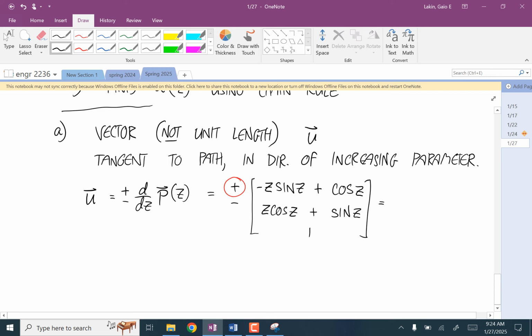So we have negative z sine z plus cosine z. For the y component, we have z cosine z plus sine z. For the z component, we have 1.